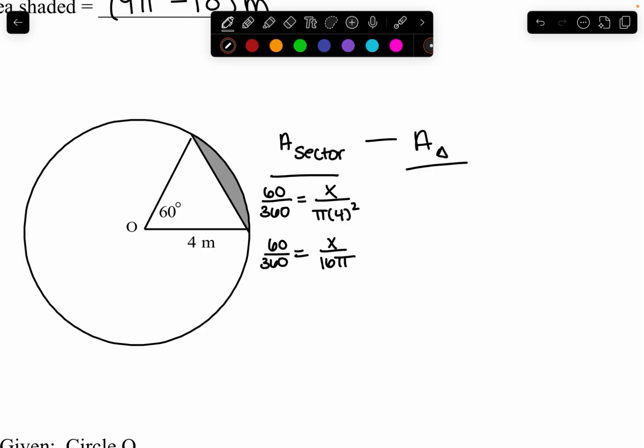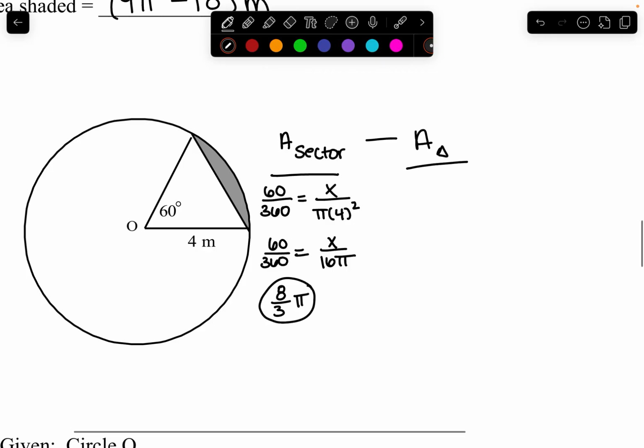So we've got 16 times 60 divided by 360, and I get 8/3 pi. I'm going to double check my math. 16 times 60 divided by 360. Yep, okay. And then area of our triangle is base times height divided by 2.